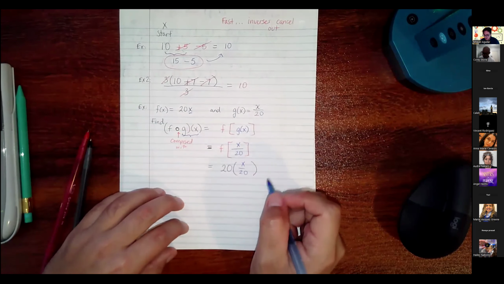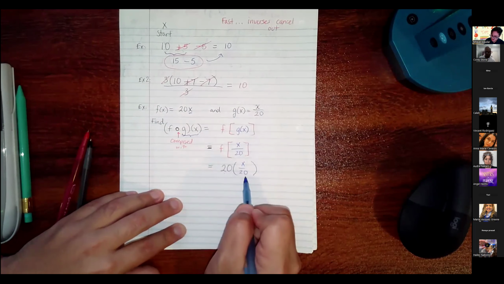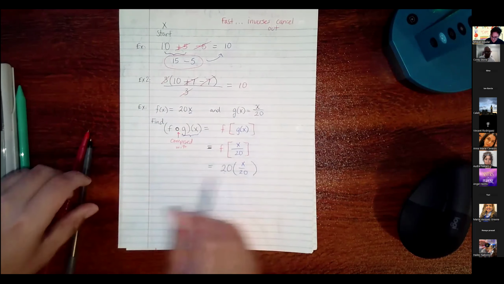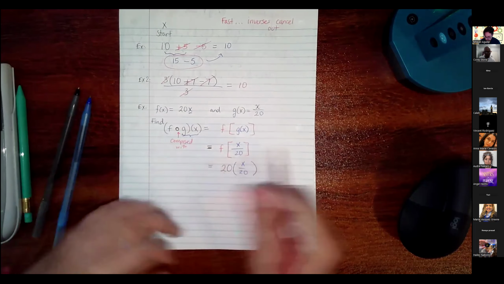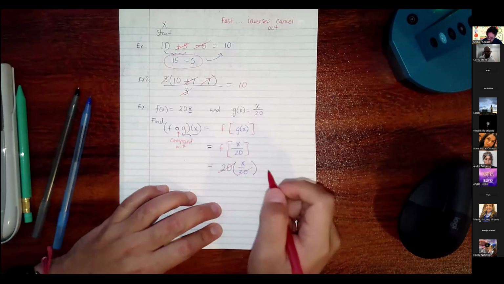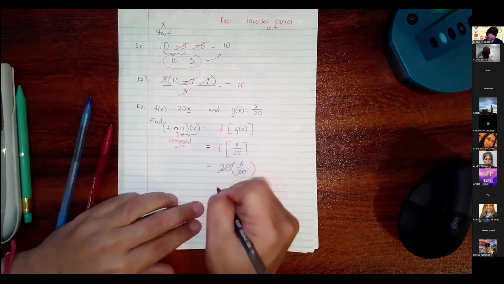But what do I know about multiplying by 20 and dividing by 20? They cancel each other out. And so all I'm left with is just x.